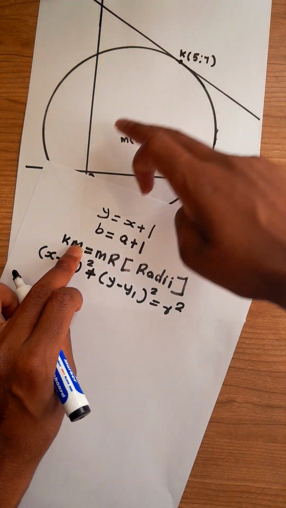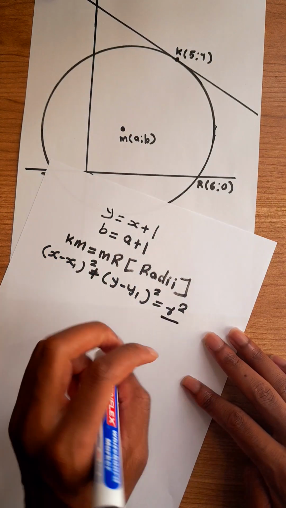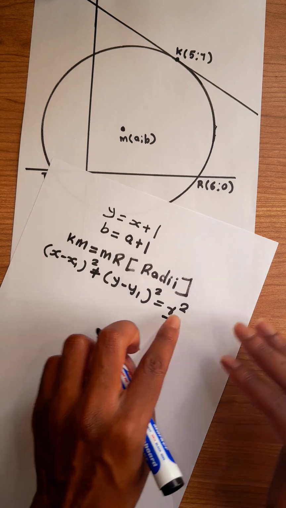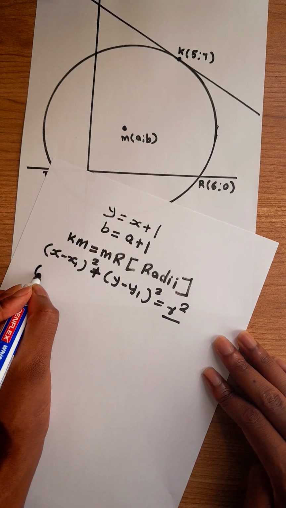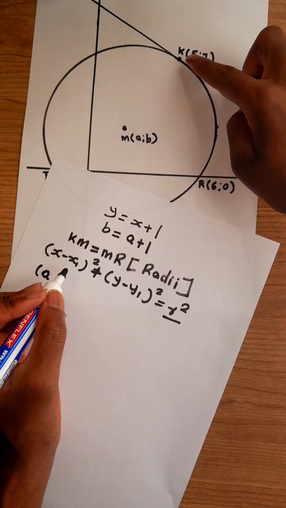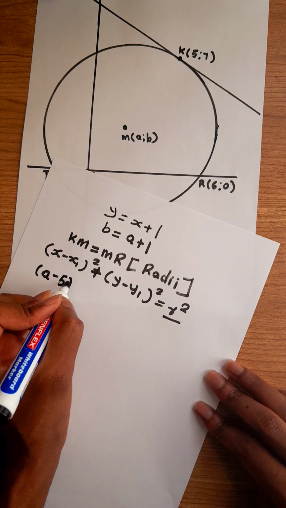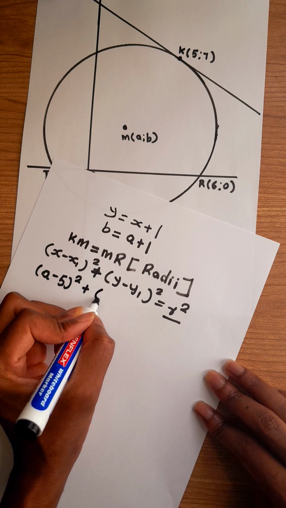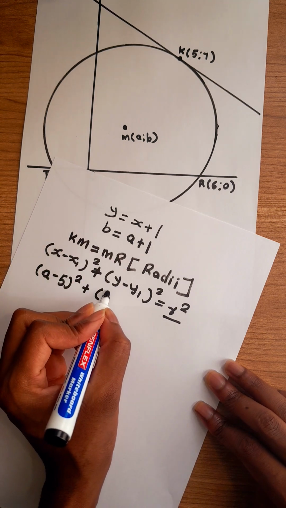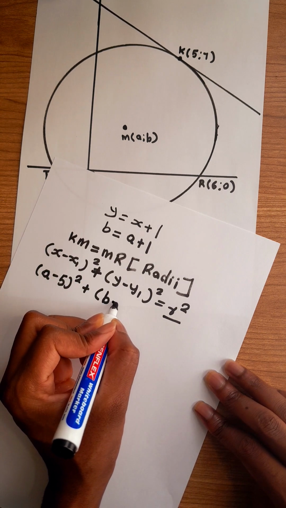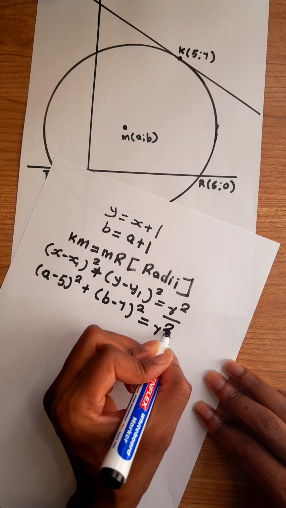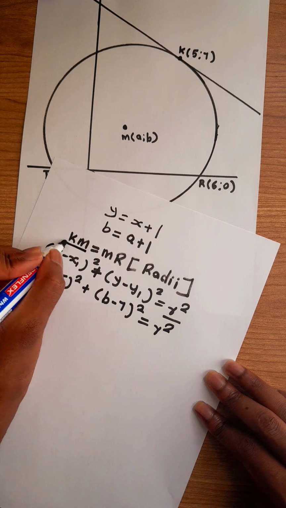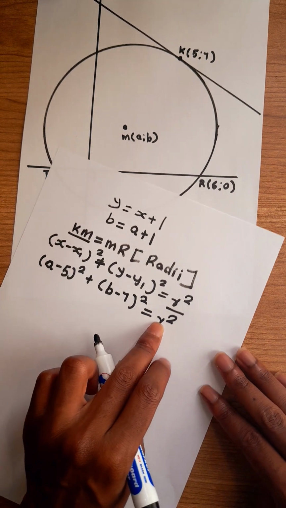If you look at KM, it means that r squared is going to be KM squared. So let's choose the x to be a, and the x1 to be minus 5, and we're going to square this, plus let's choose the y to be b, and then minus 7 squared. This equals r squared. Remember, I chose this for KM, so this is the same as KM squared, right?